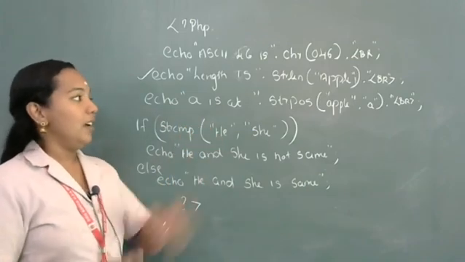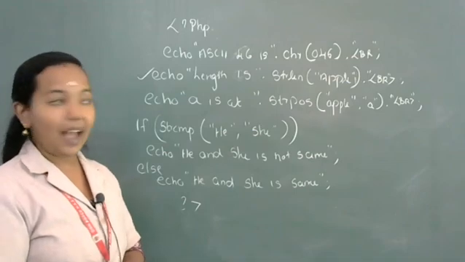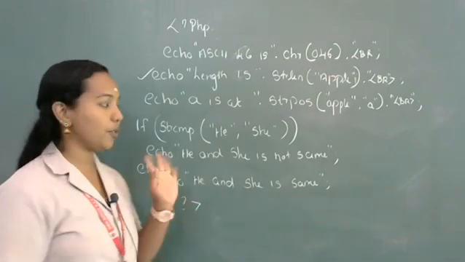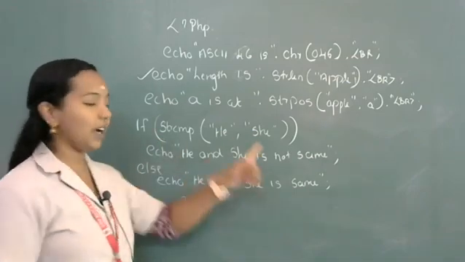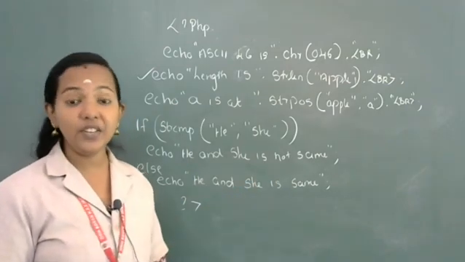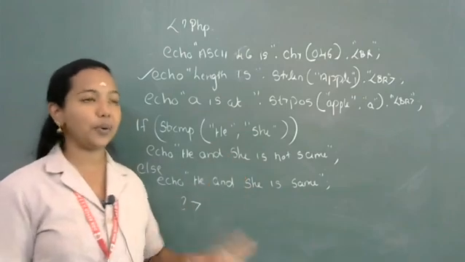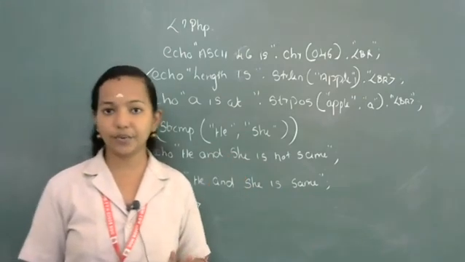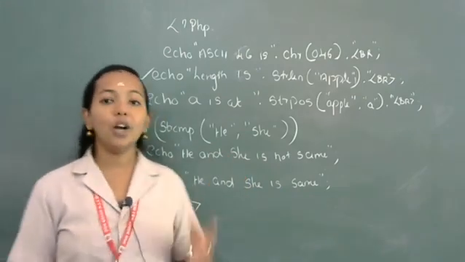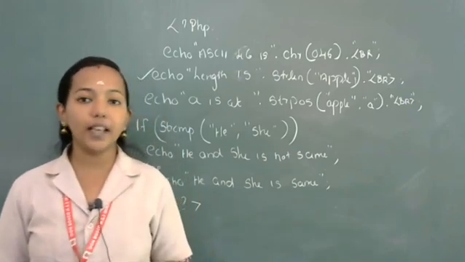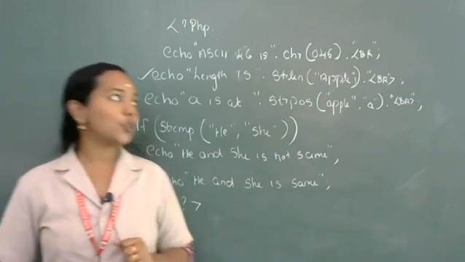Then the position of a in the string apple is the 0th position, so we will get 0. Then we are comparing two strings, he and she. If it is same, the true value will execute, otherwise the false part will execute. So these are the commonly used string functions in PHP. Okay, hope you understood.